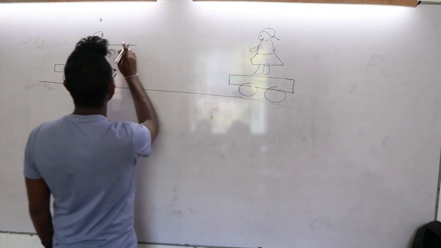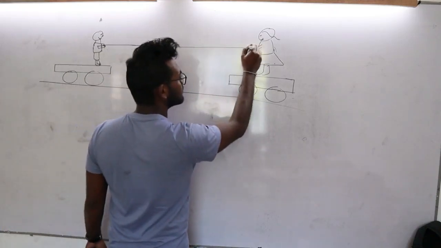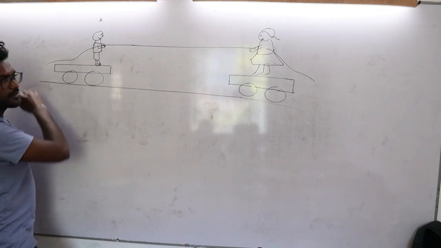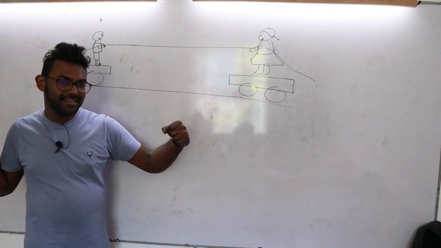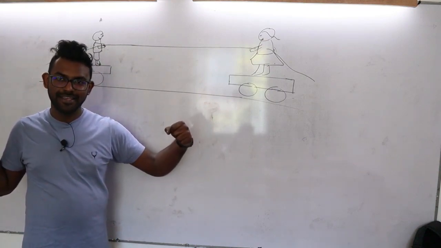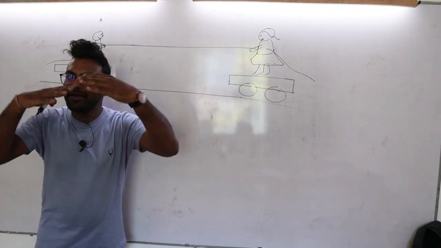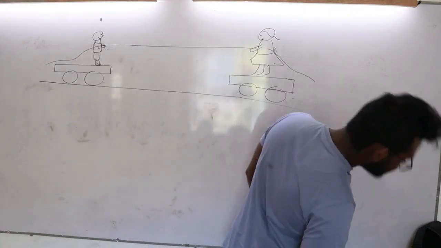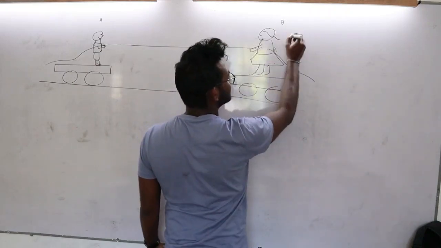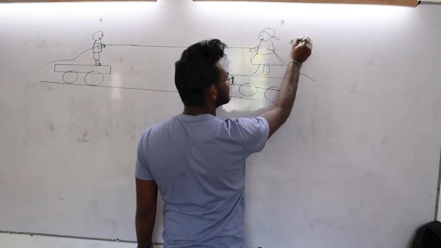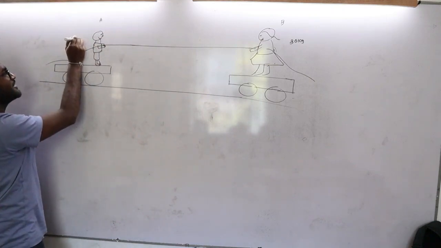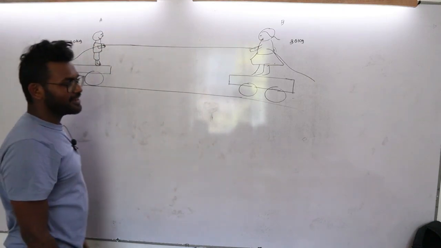There's a string in the middle. They are going to pull each other and what's going to happen? Eventually they will approach, right? Okay. Let's say this is B, which has 30 kilograms. A has 20 kilograms maybe. The girl has the higher weight, right?